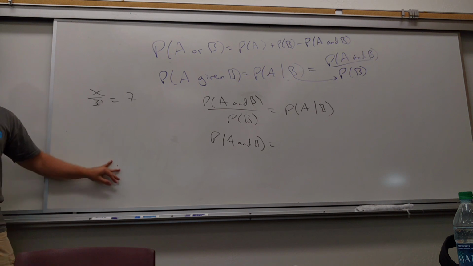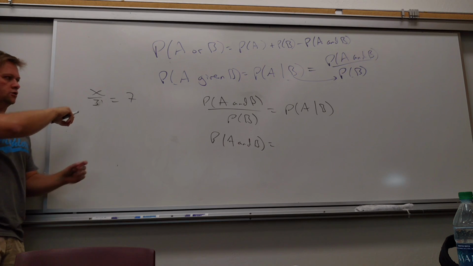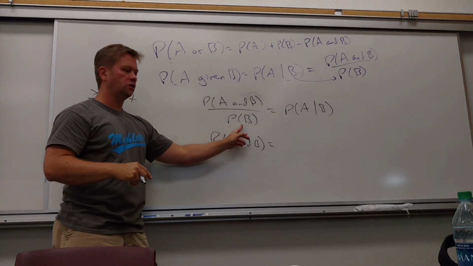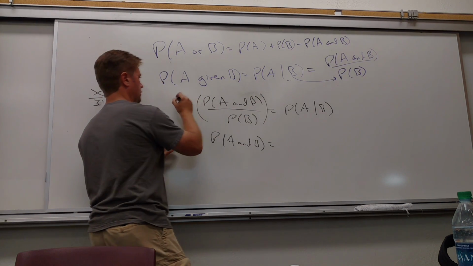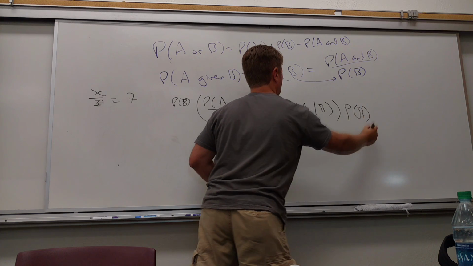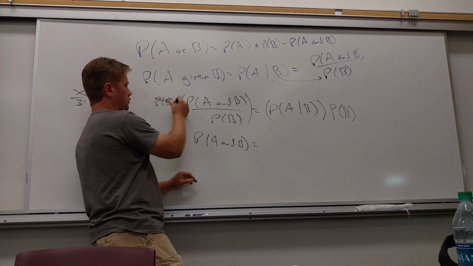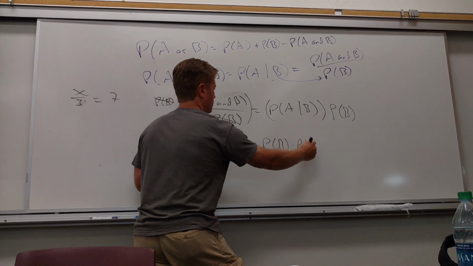There are people in the room. Okay. Multiply by 3, right? So how do I solve for the top? If I don't want the bottom, I multiply by it. So if I multiply both sides by this, let me write this the other way around. Those cancel. So your probability of A and B equals probability of B times probability of A given B.